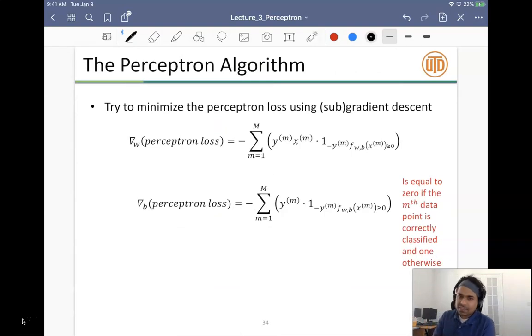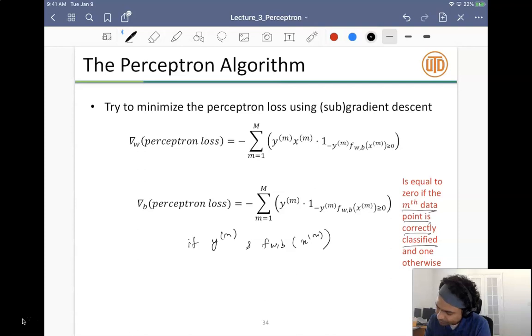So this is again the gradient. One interesting thing to keep in mind is that if the mth data point is correctly classified, recall that it is correctly classified if ym and fwb of xm have the same sign.